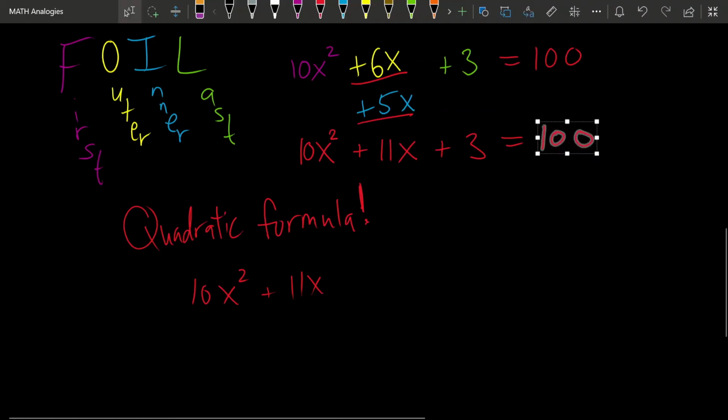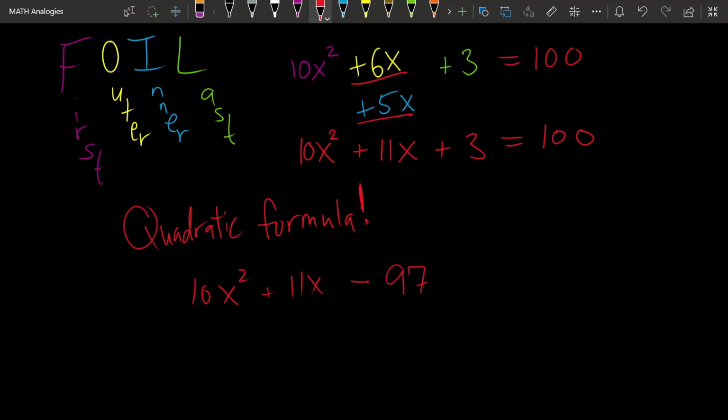The 100, when we subtract it over, is very negative, and the 3 is just a little bit positive. So when we subtract the 100, we're going to get a big negative number. And it's going to be 100 minus 3, which is 97, but the negative version.